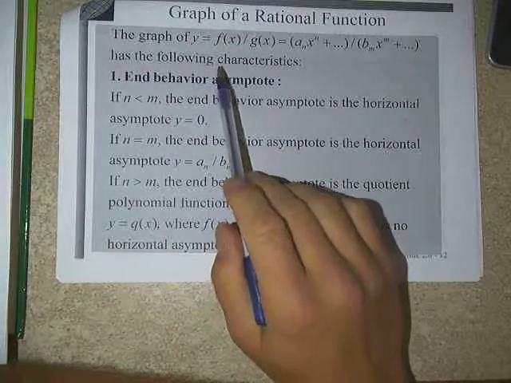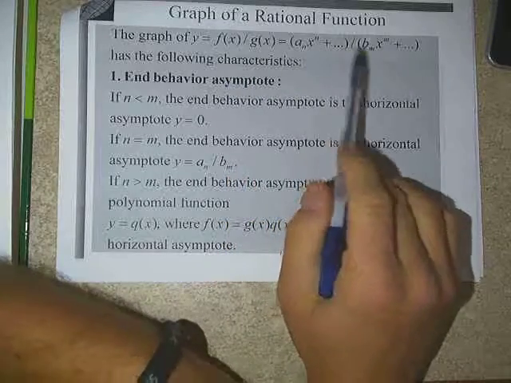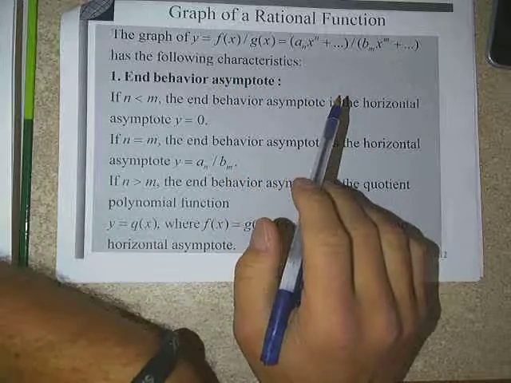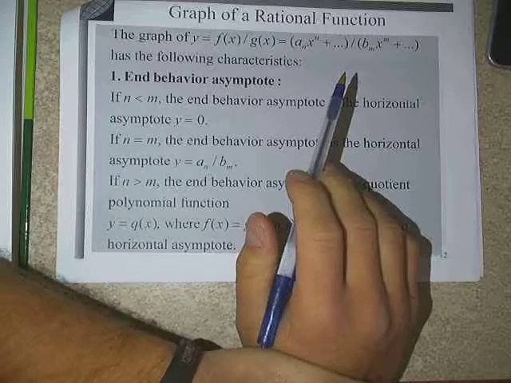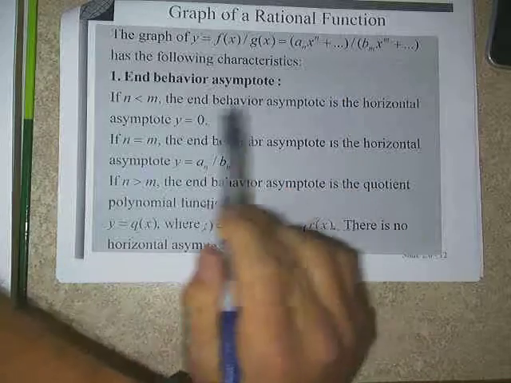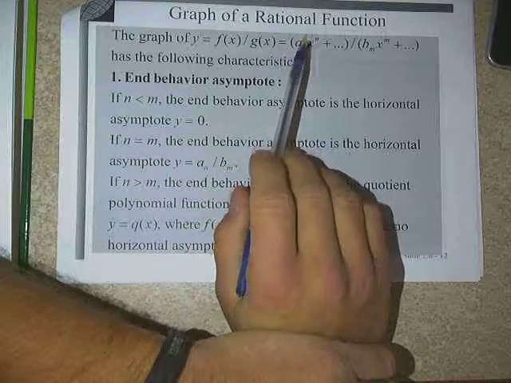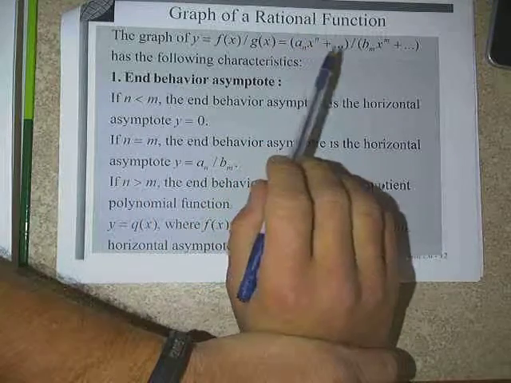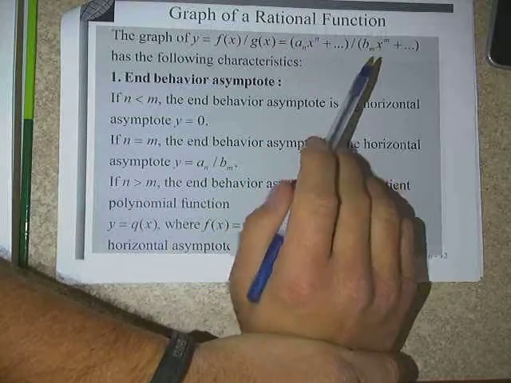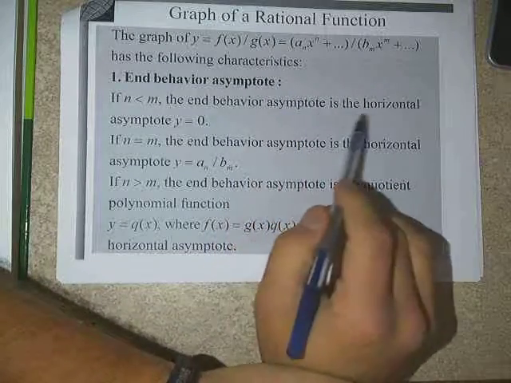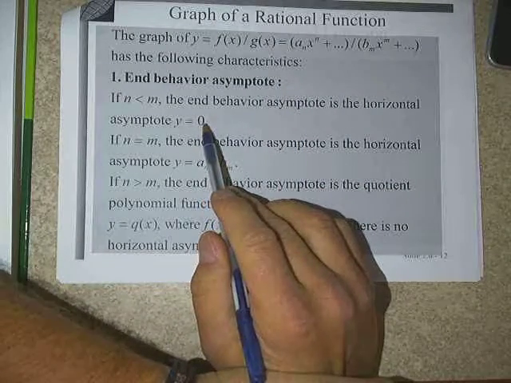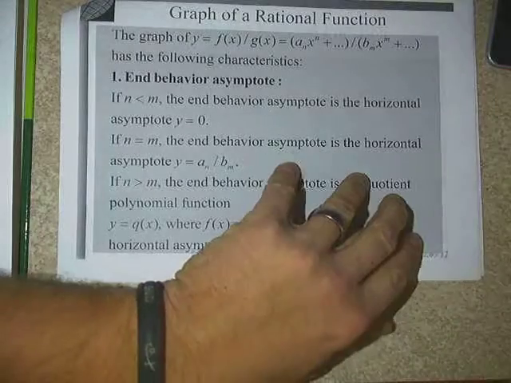But ultimately, here's the deal. These types of functions are always going to have similar end behavior based on the degrees of the top and bottom. If n is less than m, in other words, if the degree of the top is less than the degree of the bottom, then the end behavior asymptote is a horizontal asymptote y equals 0.